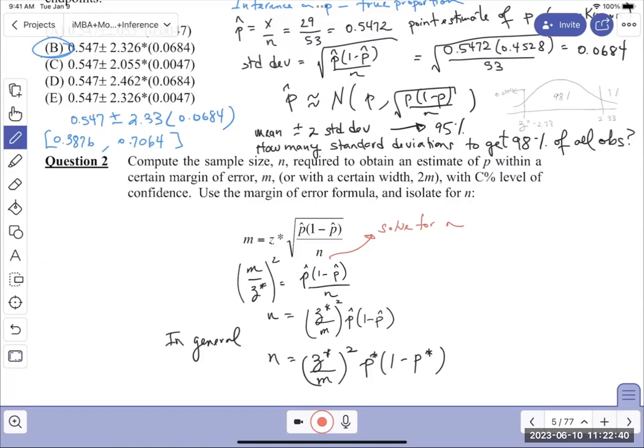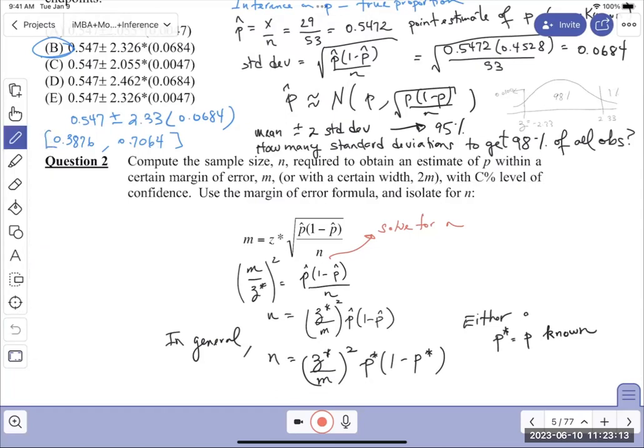And either one of these three conditions. So either P star equals P and it's known. So let's say you just knew it. If you knew the population proportion, then to find the right sample size to get a certain level of precision. So let me write that down.